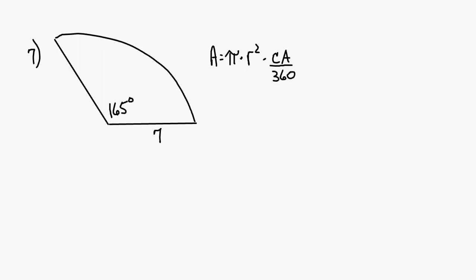Well, your radius is equal to 7, and your central angle is equal to 165. So it's a calculator problem. Everything's given. Area equals pi times 7 squared times 165 over 360. 7 squared is 49 times 165 divided by 360 equals 22.46 pi.